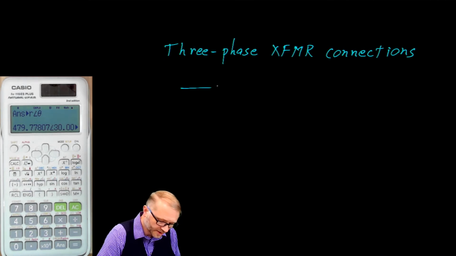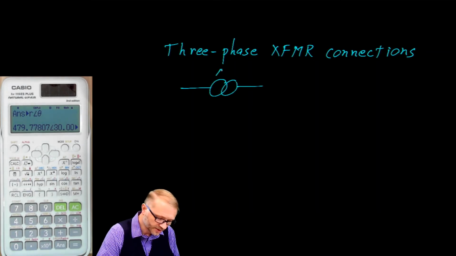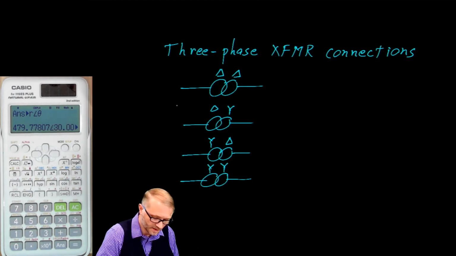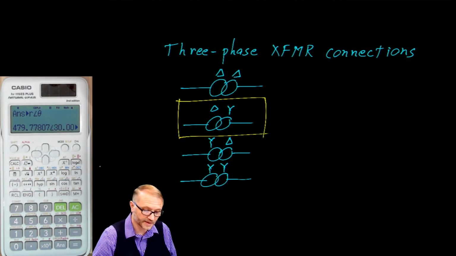There are four general configurations that we can use. We could connect delta to delta, you could connect a delta to a Y, a Y to a delta, and a Y to a Y. This configuration, where we go from a delta to a Y, is fairly common.